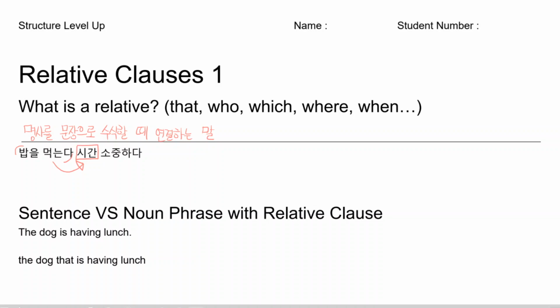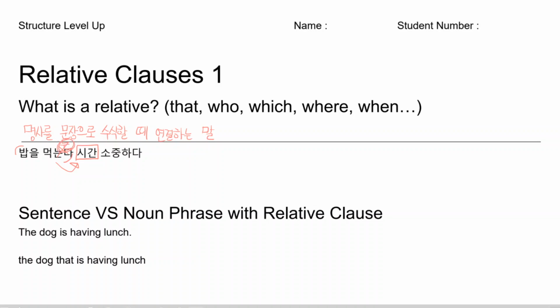If you want to connect these two, you need something that connects them. So as you all know, we say 밥을 먹는다. We don't say 밥을 먹는다 시간. We say 밥을 먹는 시간, right?